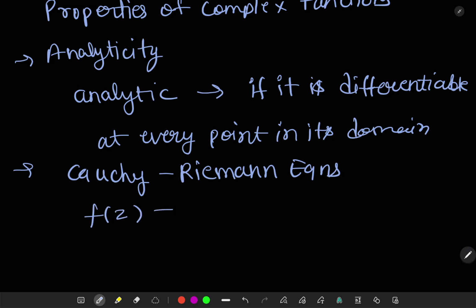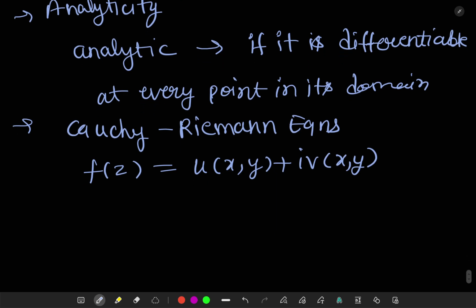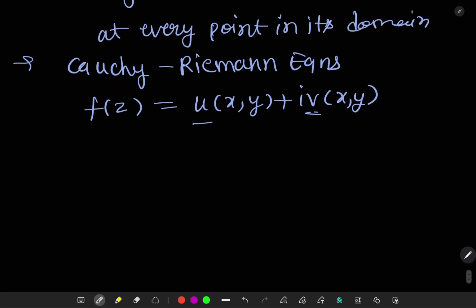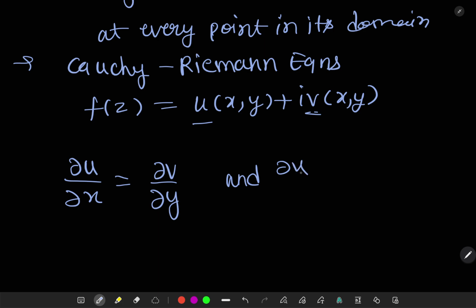If f of z is equal to u(x,y) plus iota v(x,y) to be analytic, the real and imaginary parts u and v must satisfy del u over del x equals del v over del y, and del u over del y equals minus del v over del x.